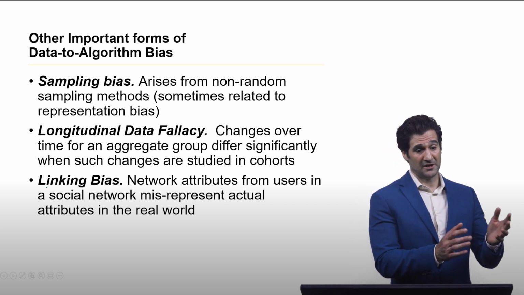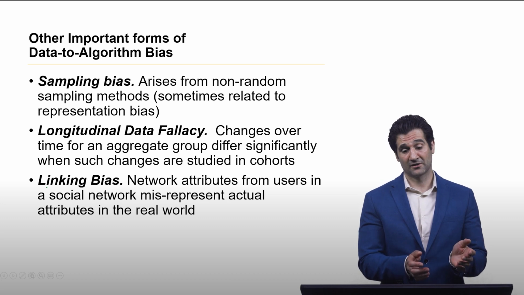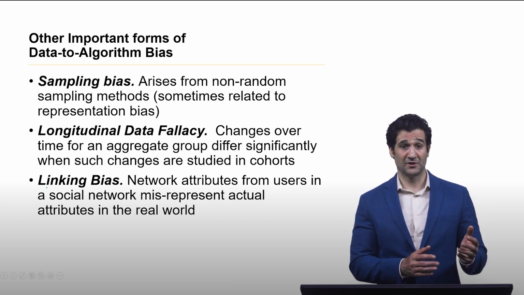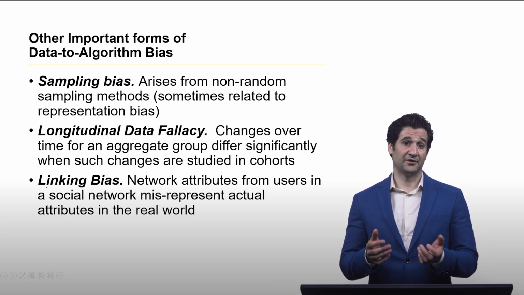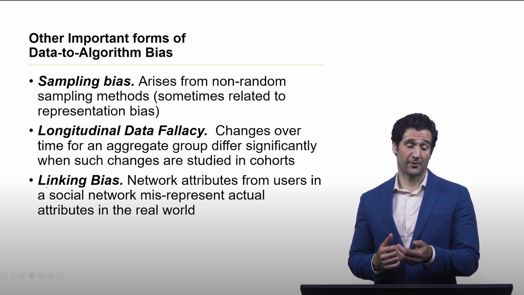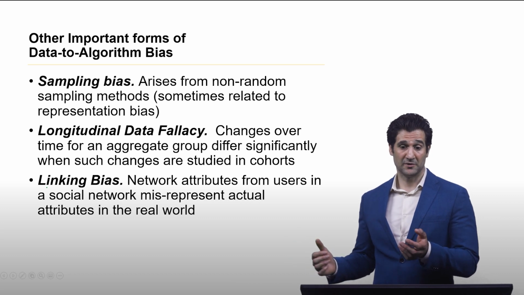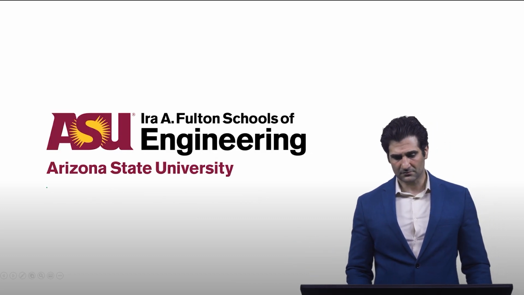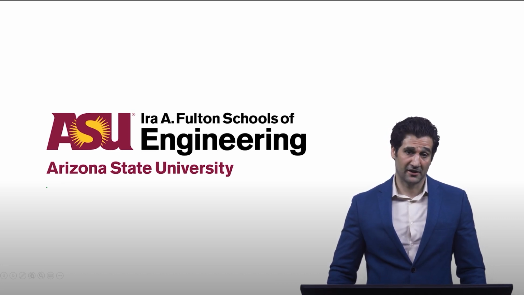Other people may use the platform as a way to communicate and interact. It's often very difficult to tell between the two, and it doesn't necessarily reflect the social behavior of those people either. The person who is not super active on LinkedIn may go to a conference or an event and be extremely social. So this concludes the section on data to algorithm bias.